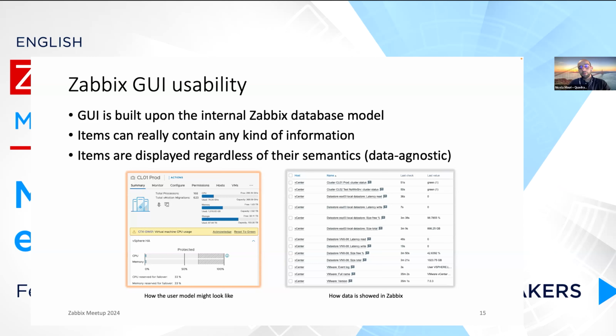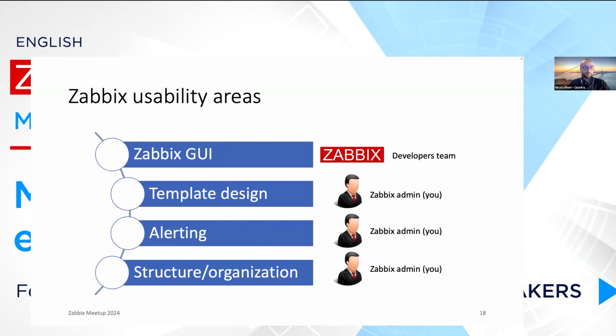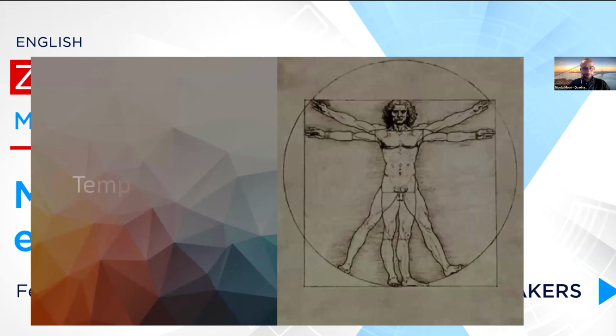So the problem is how to improve usability in my specific use case. If the Zabbix interface does not implement data semantics, where should I put the data semantics? The answer is in the second point, so spoiler: template designing.